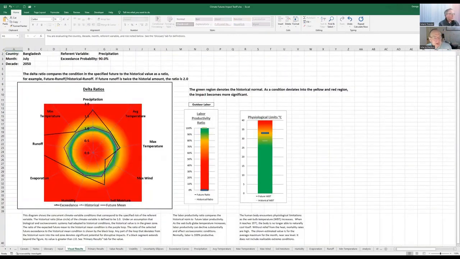It shows extreme precipitation, extreme runoff, so it's even worse. And notice that because of its heat and everything else, the labor productivity in the middle of summer is very low. You can't even be outdoors. I mean, you can be, but you've got to limit it.